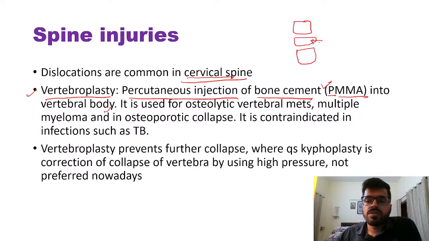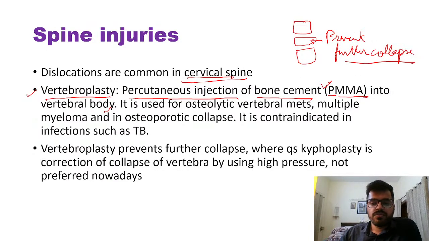To prevent further collapse of the osteoporotic vertebra, we percutaneously inject bone cement, that is polymethyl methacrylate, into it. So this procedure is called vertebroplasty.